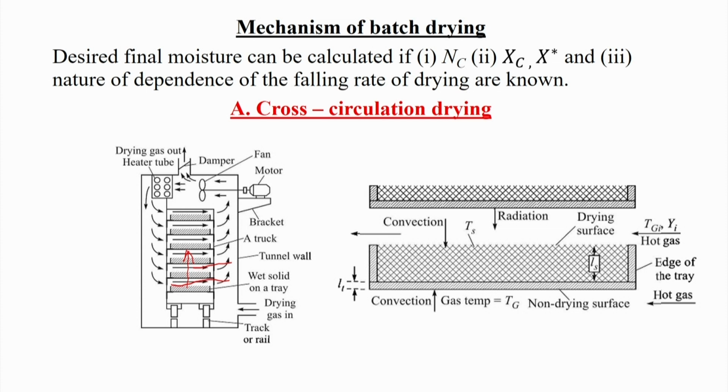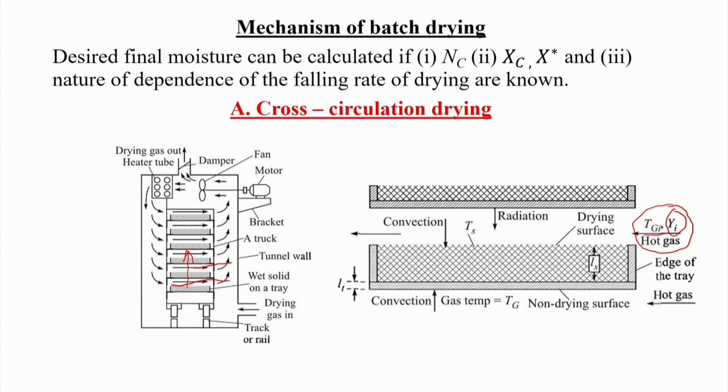Now, the condition is that for the hot gas, the temperature at the inlet point is T_g,in and the humidity is Y_in, where the trays are placed.